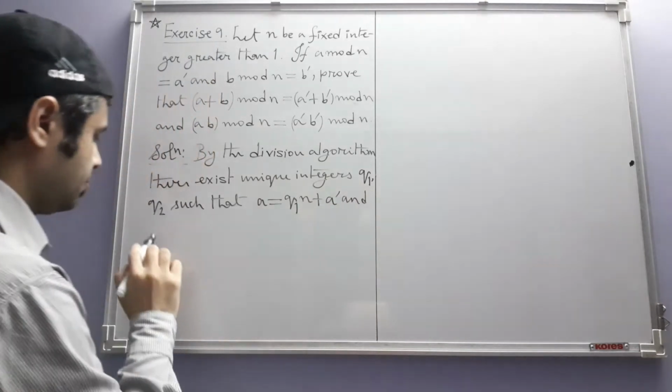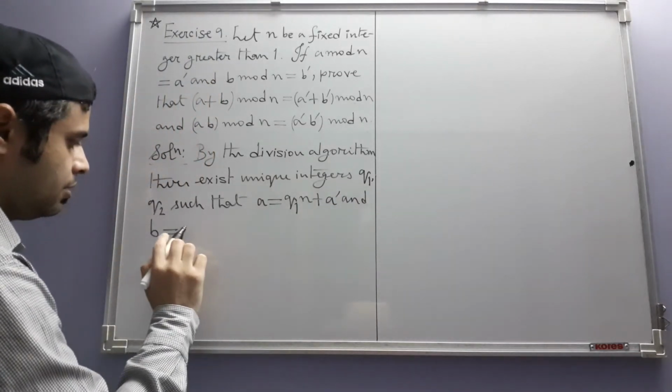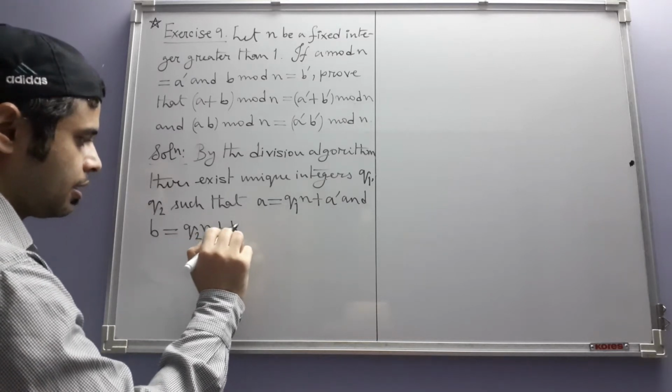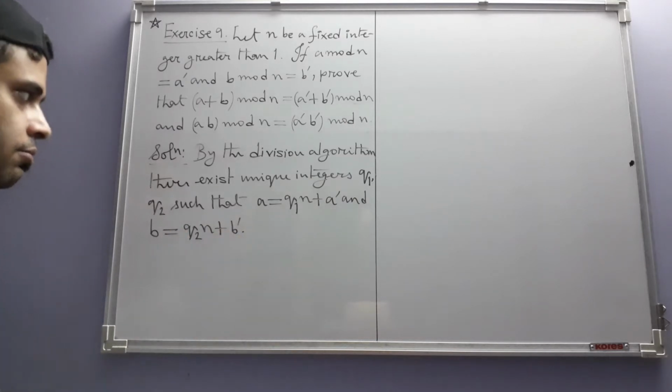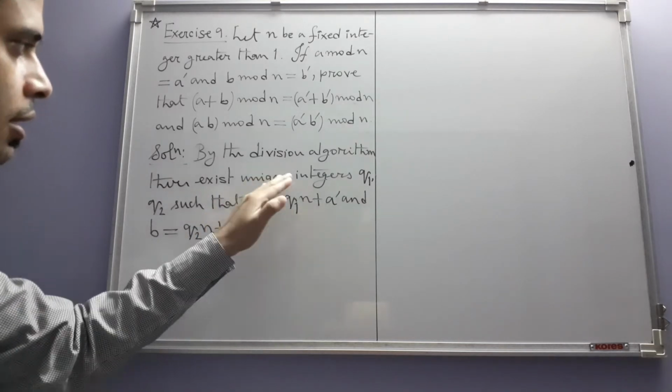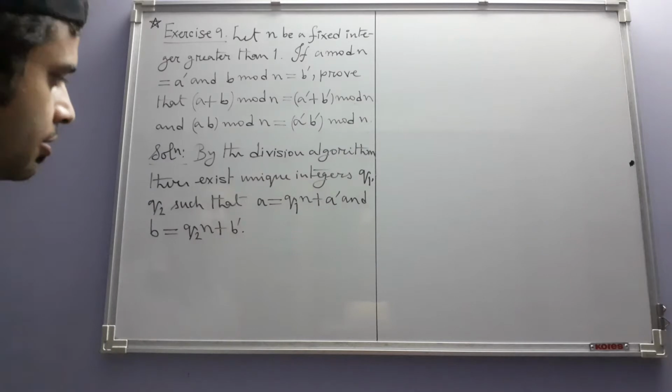Like that, b is equal to q2n plus b prime. We don't really need uniqueness of q1 and q2 here, but it does not hurt to write that they are unique.